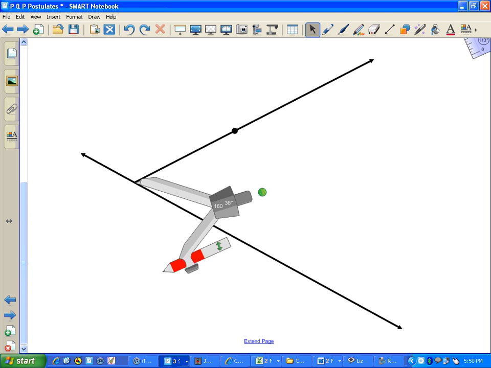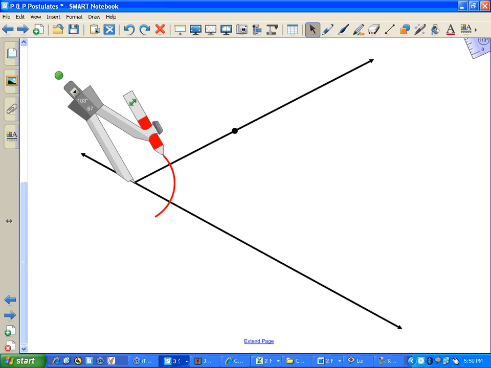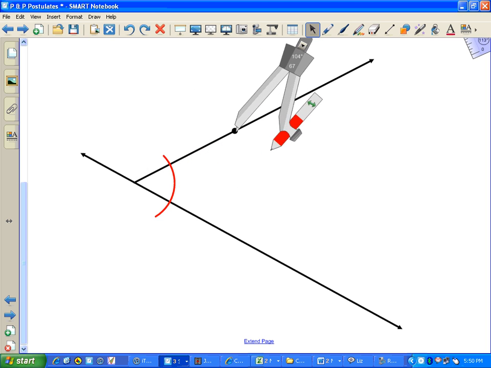In order to copy an angle, I need to make a circle on the angle that I'm copying. Make the same circle up where I want to copy it.